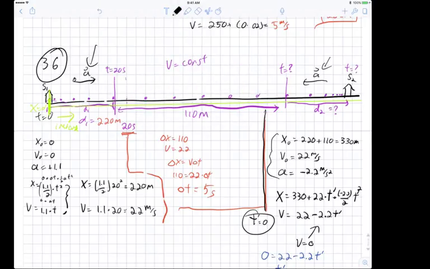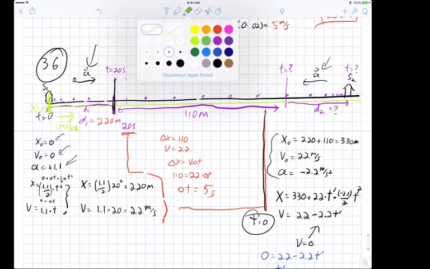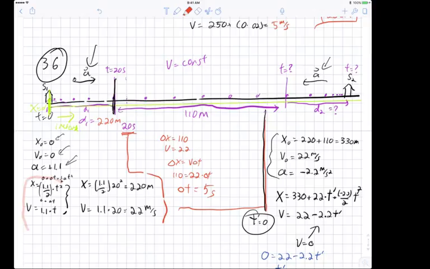So on the first part here, I'm going to use what I know. Its initial position is 0. Its initial velocity is 0. They give me the acceleration. I'm going to plug them into the constant acceleration equations and then solve them, because I know exactly how much time it took, I can figure out where the final position is.